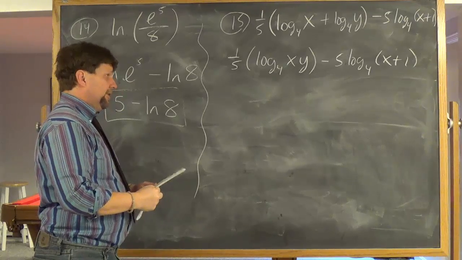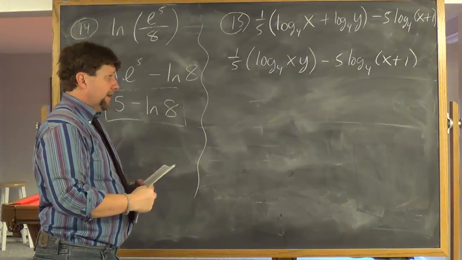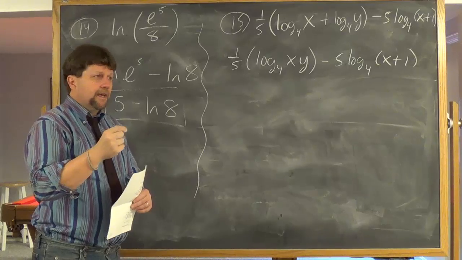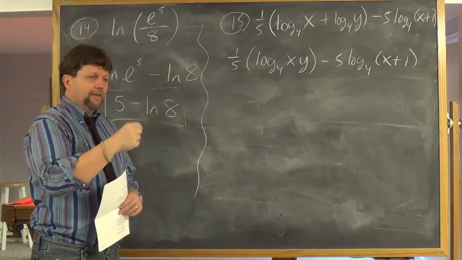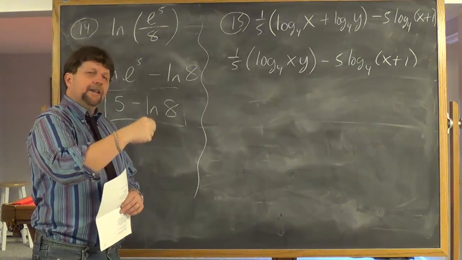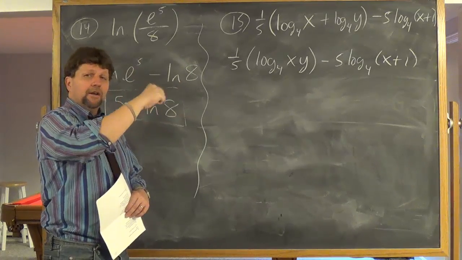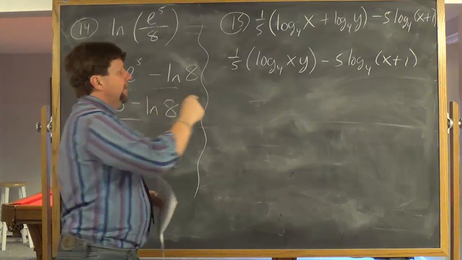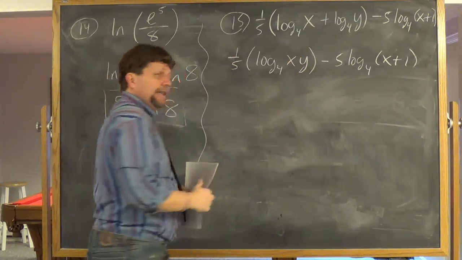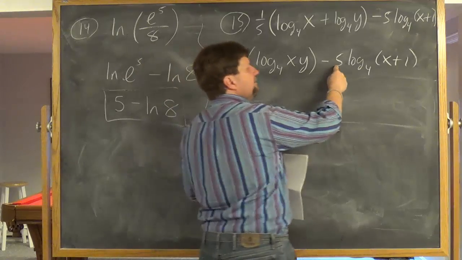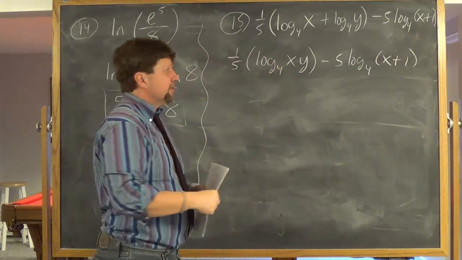The next thing I would do is, there's that property of logarithms that says if you have the log of like x to the r, you can move that r out front and have it as r log x. I'm going to use that property, but I'm going to get this 1/5 back into the exponent position, and I'm going to get this 5 back into the exponent position.